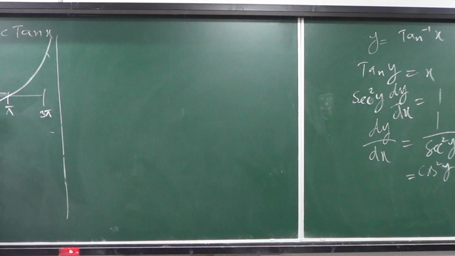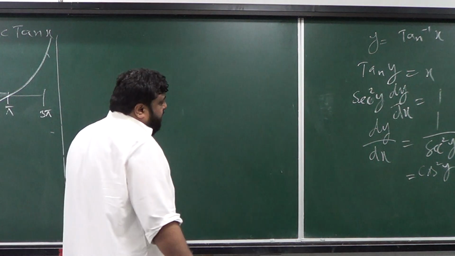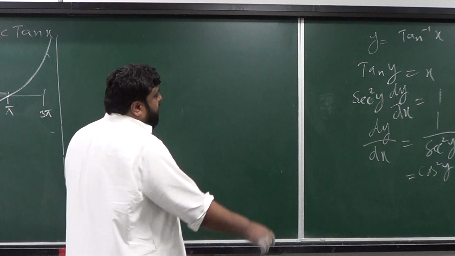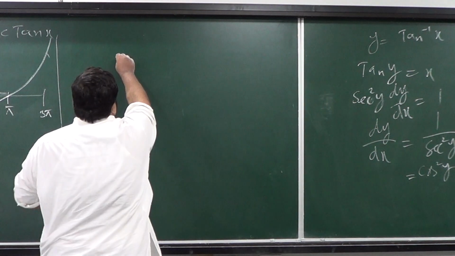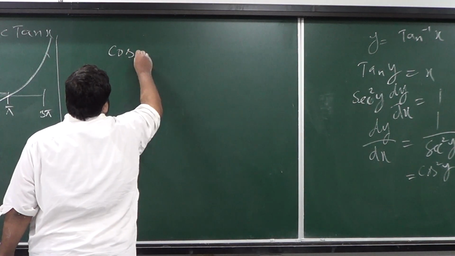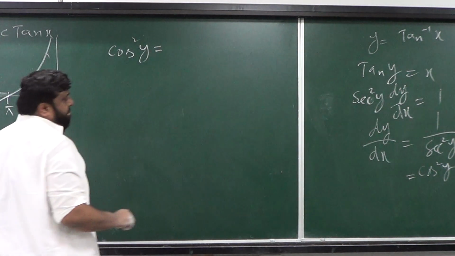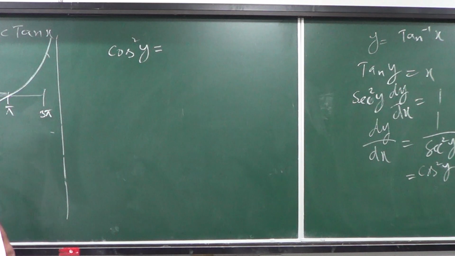So how can I do it? How should I begin? Say you take cosine square y, and I want to write it in terms of tangent y.